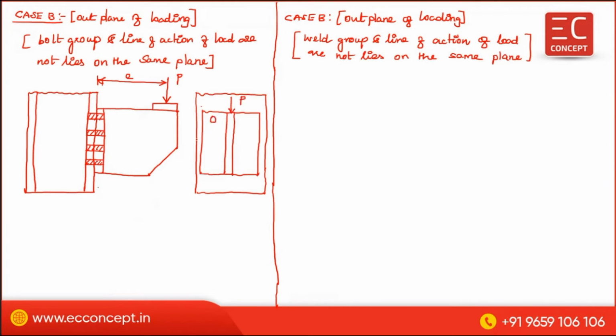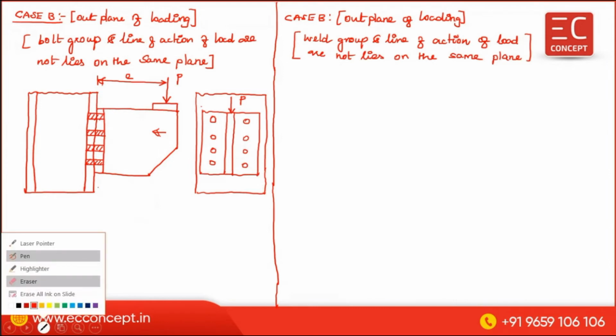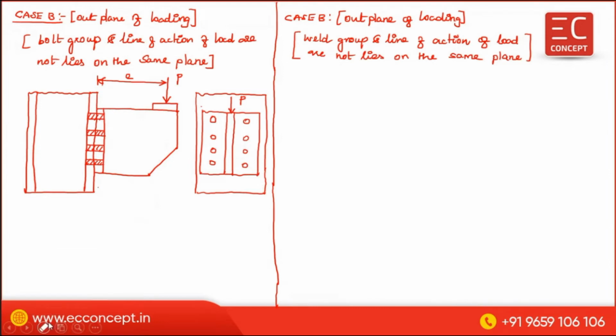That means if you look from the front side, then you can see such kind of thing. 1, 2, 3, 4, and this side also 1, 2, 3, 4. Okay. Now this is the diagram.